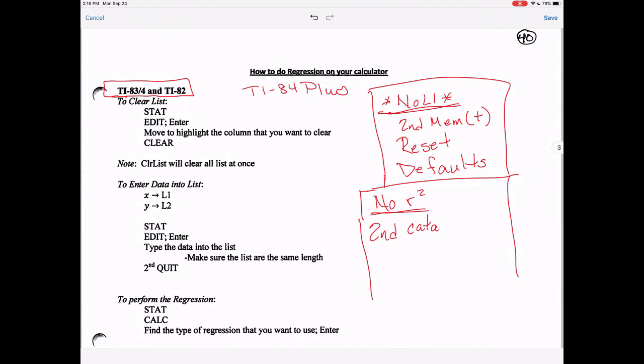Catalog is the 0 key. You scroll down to diagnostic. I'm doing this on my calculator as I talk to you. Diagnostic on.